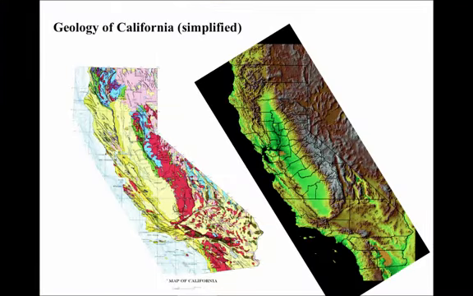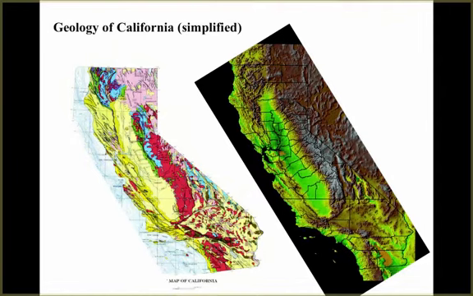If we look at different parts of California and the evolution of the westernmost part of the U.S., if we just look at the geology first, you'll see the Sierra Nevada in red and the remnants of the southern Sierra Nevada in Southern California. Those are from the Mesozoic arc, before we had the San Andreas.